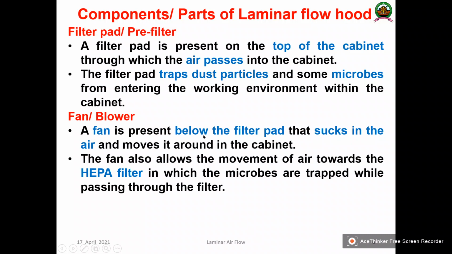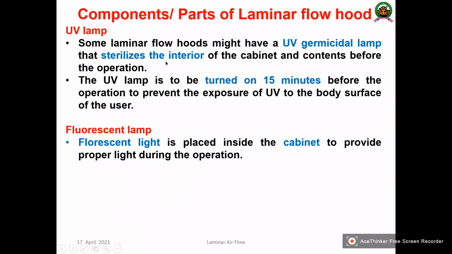A fan is present below the filter pad that sucks in the air and moves it around the cabinet. The fan also allows the movement of air towards the HEPA filter, in which the microorganisms are trapped while passing through the filter. Then the next part is UV light.